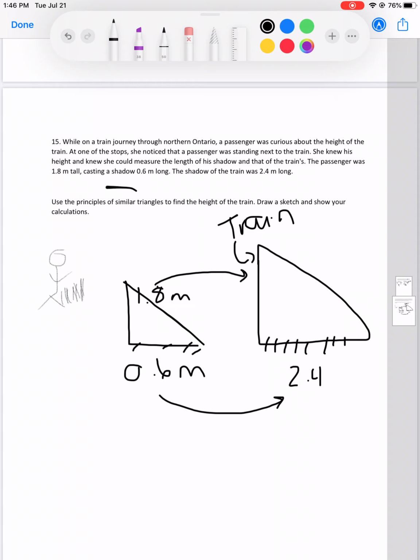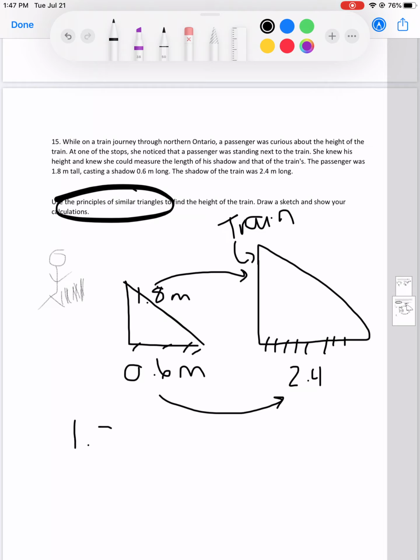When it says the principles of similar triangles, it just means if one length is going to double, the other lengths of the triangle are going to double, because they're similar triangles. They're not the exact same, like congruent. So the angles, again, are going to be the same. For the angles to stay the same, they all have to grow at the same proportion, or it won't be a similar triangle.